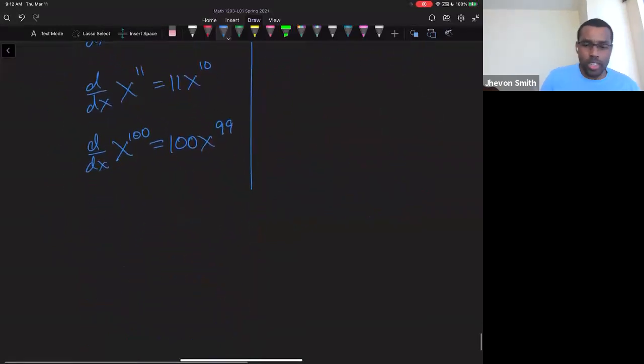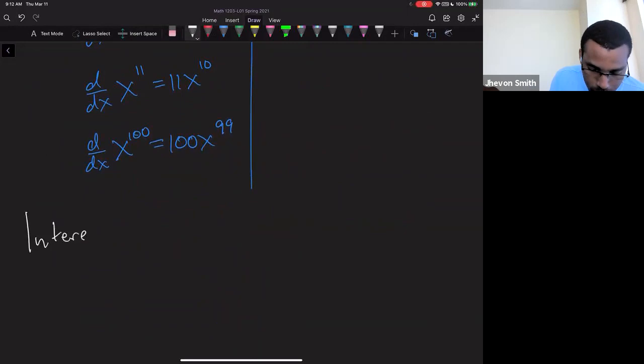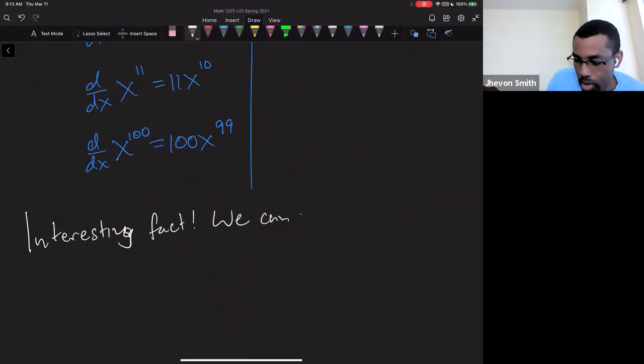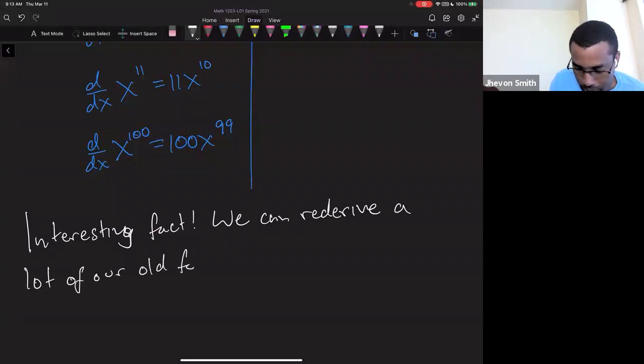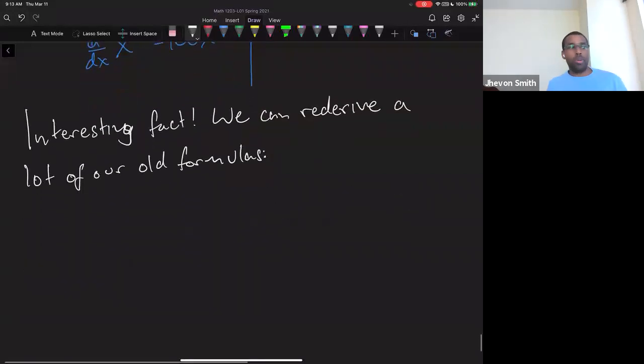Now, I want you to notice something interesting. Interesting fact. We can rederive, is that a word? Rederive a lot of our old formulas. So, for example, we know that the derivative of x is 1.